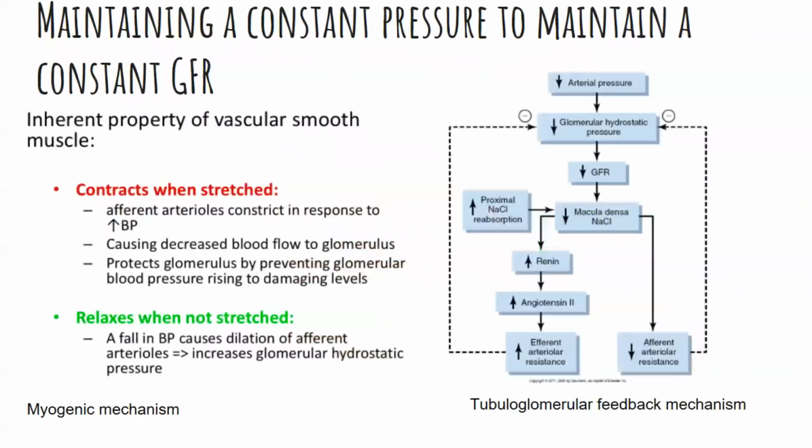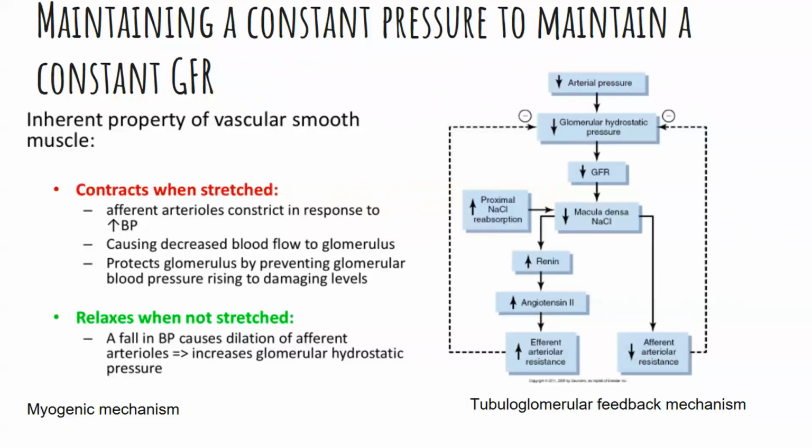Okay. So this slide is talking about vascular smooth muscle and the RAAS system. So what happens? Really the RAAS system is a way in which to increase pressure after a low pressure onslaught. So if we have a decrease in our blood pressure, it means that we have a decreased GFR. And that means that there's a reduced blood volume that's flowing past the macula densa, which also coincides with the reduced concentration of NaCl.